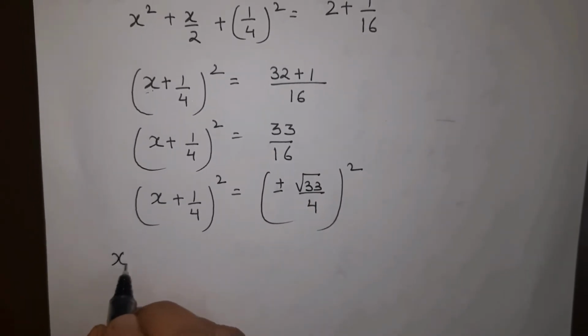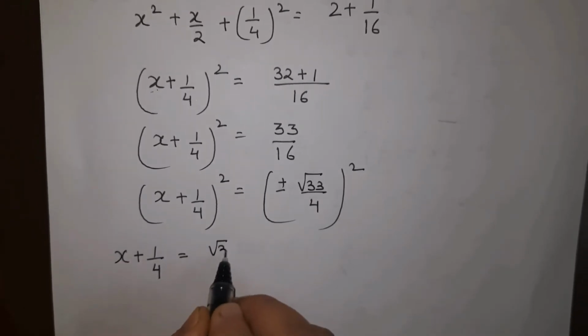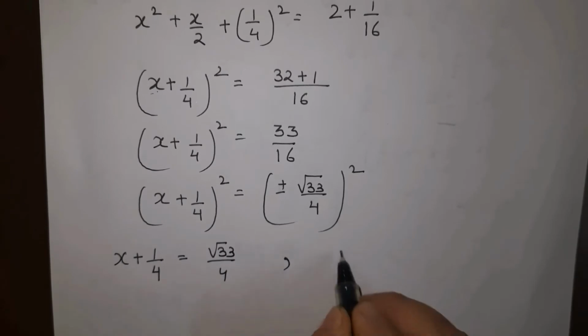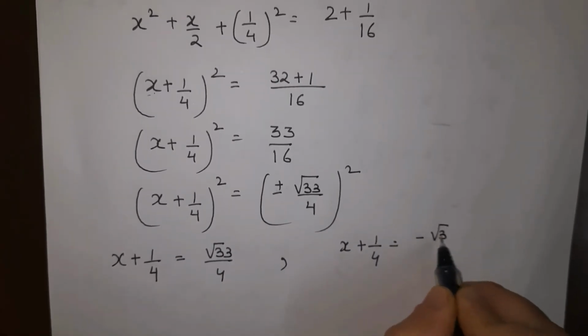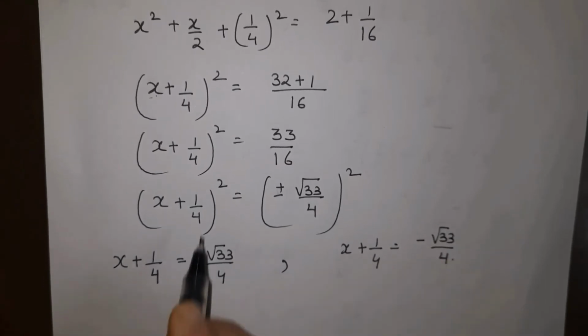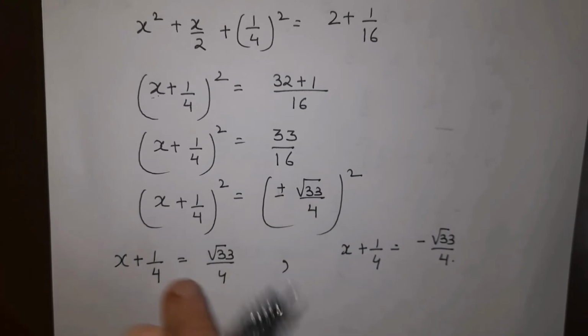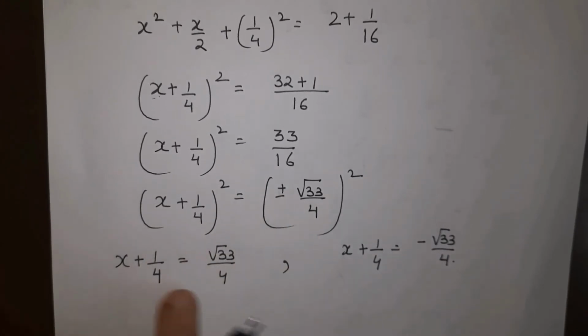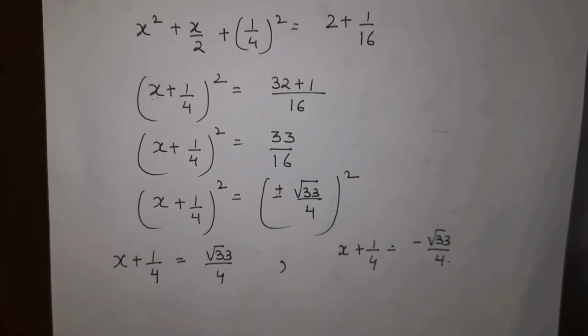And now we will compare: x plus 1 by 4 is root 33 by 4, and x plus 1 by 4 is minus root 33 by 4, right? In the similar way, these two terms are equal, their exponents are equal, so we keep their bases also equal, one time taking the positive sign and once the negative sign.